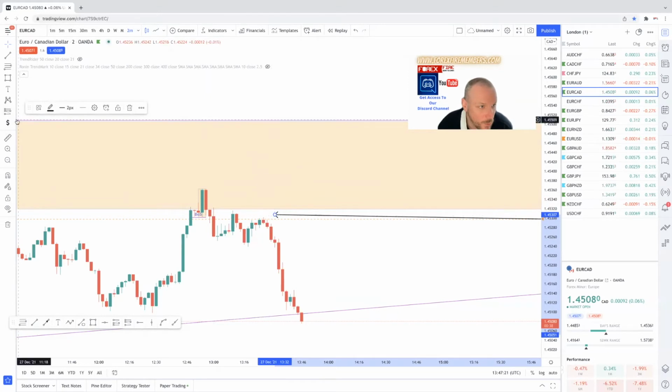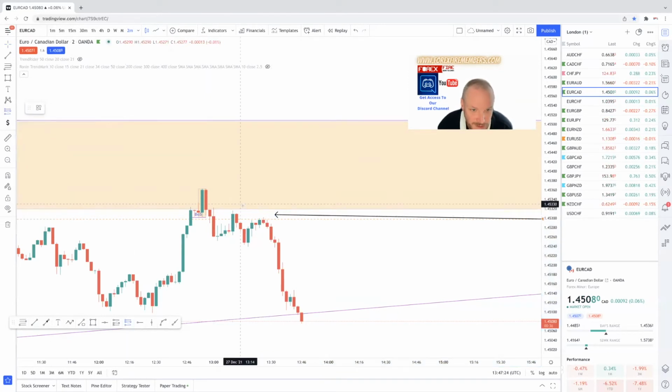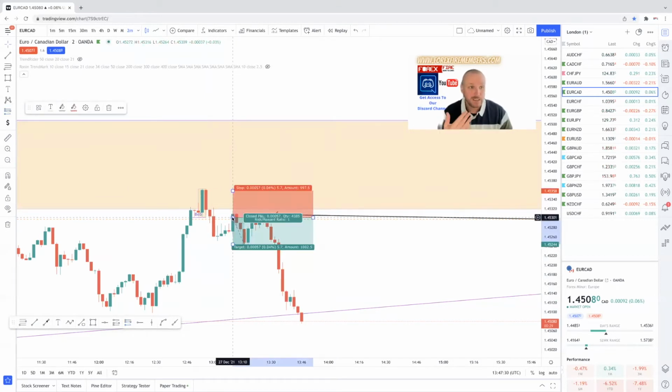So what you will ideally be doing is placing a short on that order block there, as you've come down on the time frame from the 1 hour down to, in this instance, the 2 minutes.